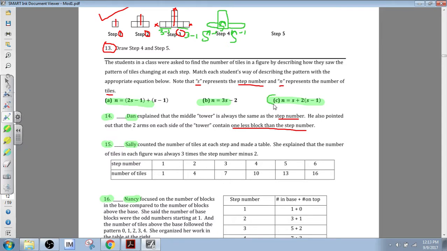But when we look at C, look at this: the step number, plus 2 step numbers minus 1, plus 2 step numbers minus 1. Sure enough, this is going to be our answer. C is the way that Dan did that. What I want you to see is how we did that.